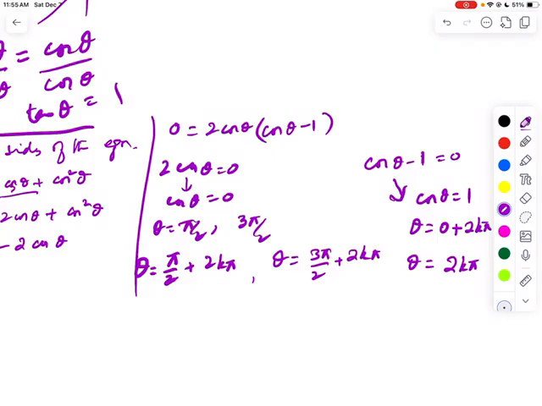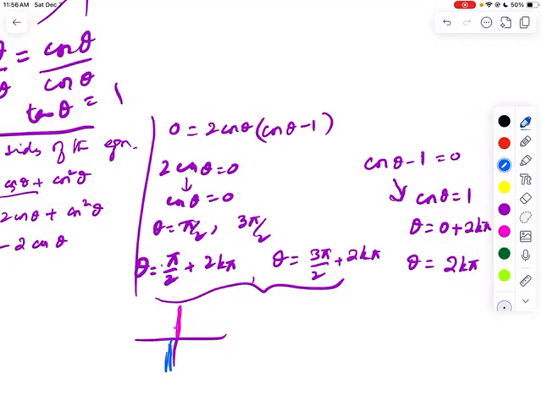Now note here that these two can be combined. Why? Because from the first one, every time we complete a circle and we arrive over here, that is a value. Also, completing a circle and arriving on this side is also good. So this is making one line, meaning the difference between these two values will be pi.